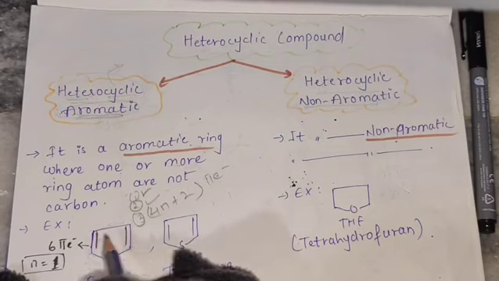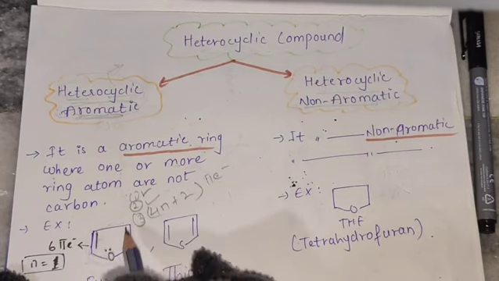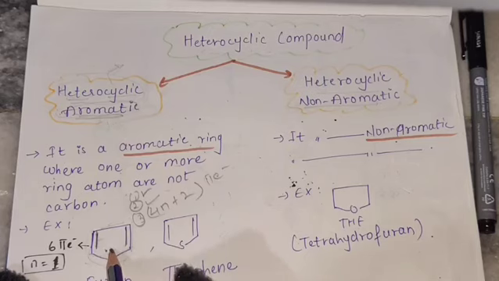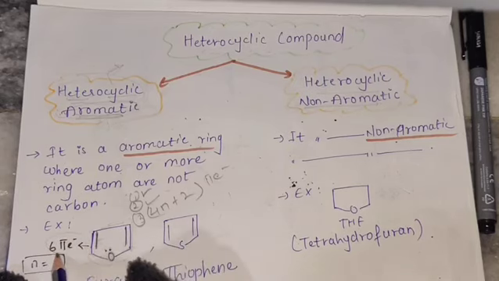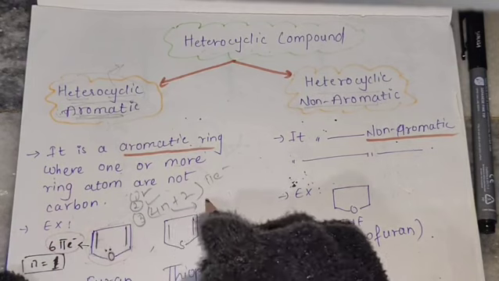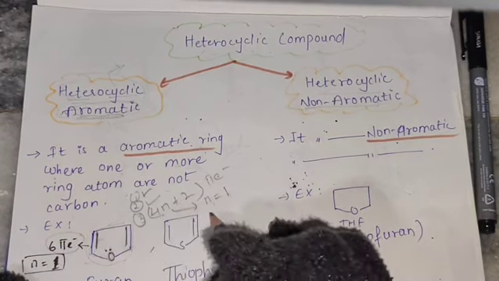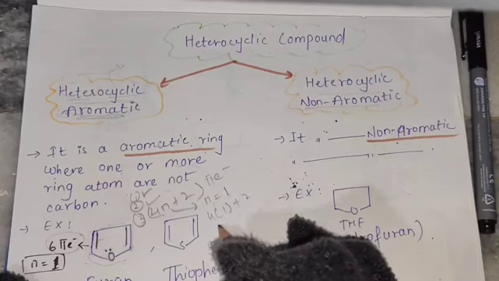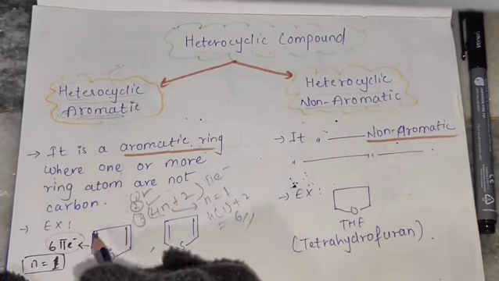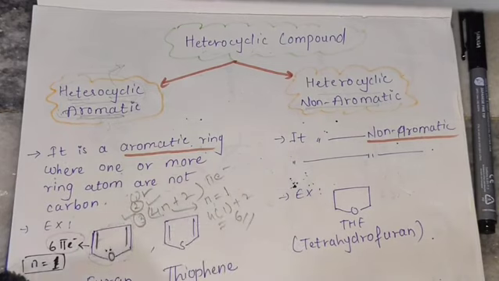One double bond contains 2 electrons, another double bond contains 2 electrons, and oxygen also carries 2 electrons. That means the total number of electrons is 6. If I keep n equal to 1, then 4 into 1 plus 2 equals 6. That means this rule is also followed.